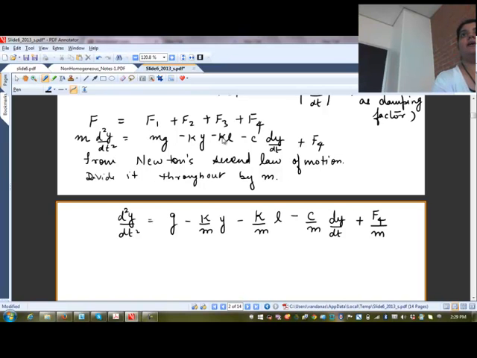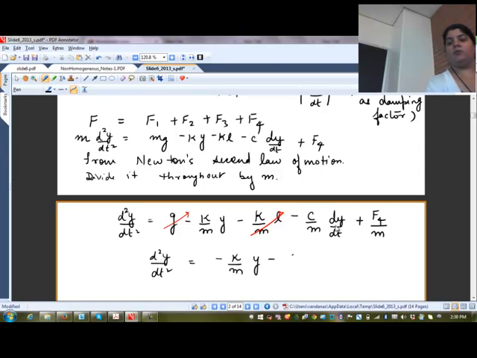They are equal, right? mg is equal to kl. So that means these two forces cancel each other. So here we can get rid of this term with this term, and we are left with d2y over dt squared equals negative k over m y minus c over m dy over dt plus f(t) over m.